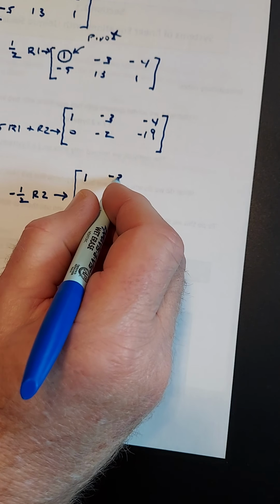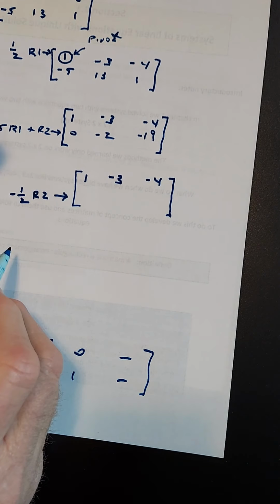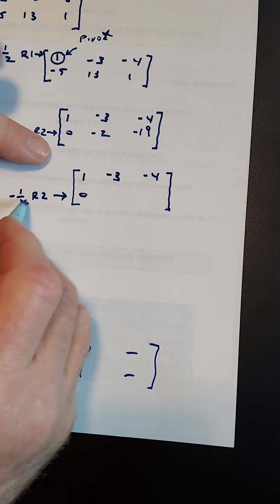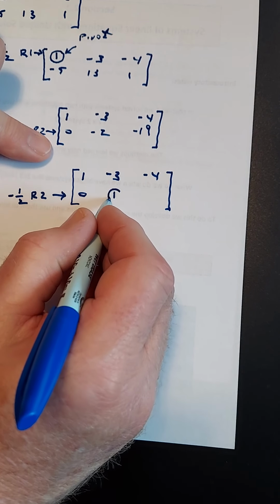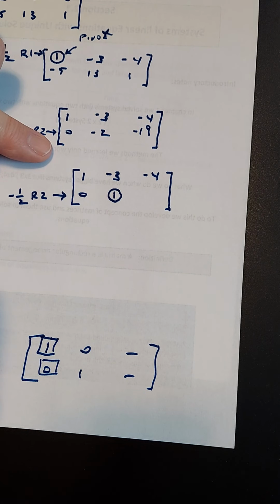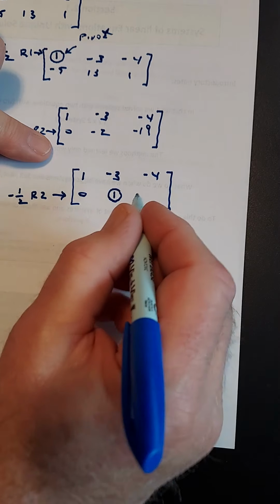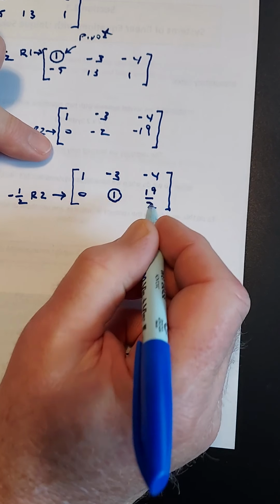I'm not doing anything to that row. So -1/2 times 0 is 0. -1/2 times -2 is 1. Anytime you get a 1 like that, that becomes your pivot and you circle it. And then -1/2 times -19, the negatives drop out. That ends up being 19/2.